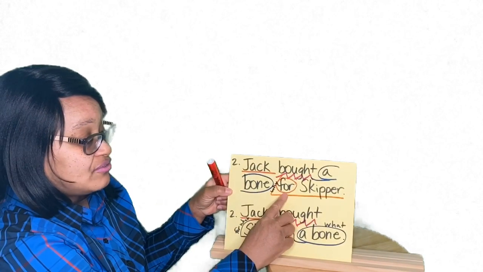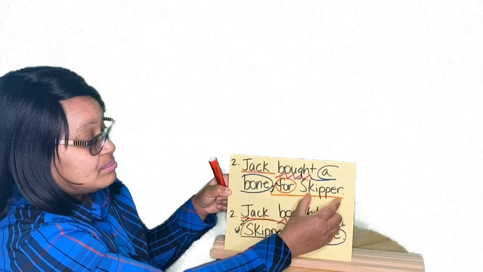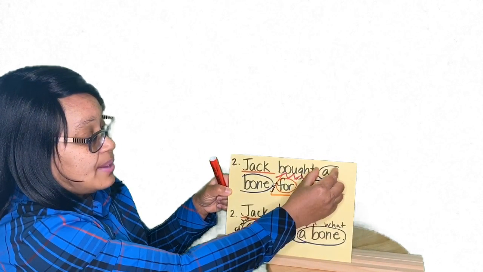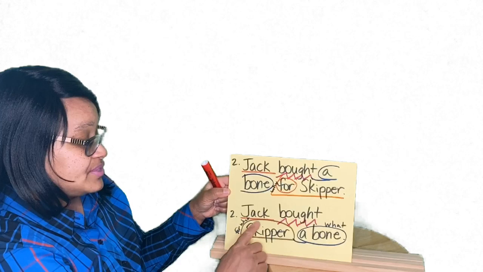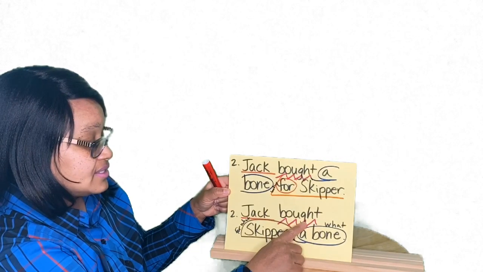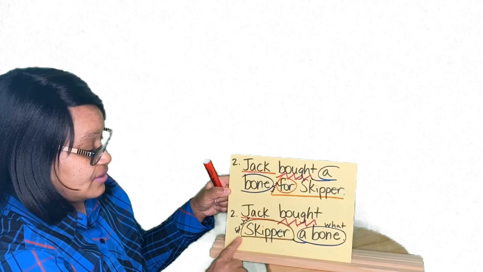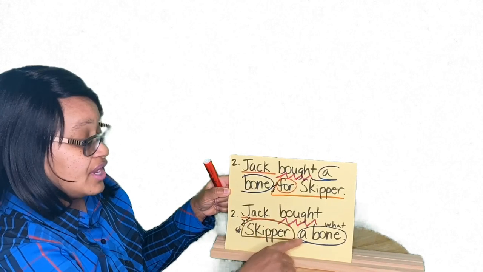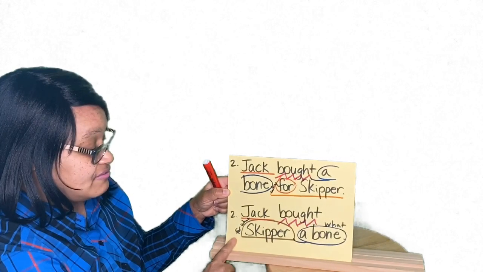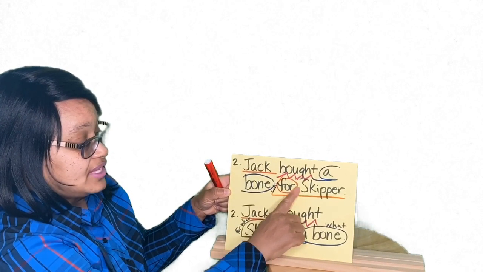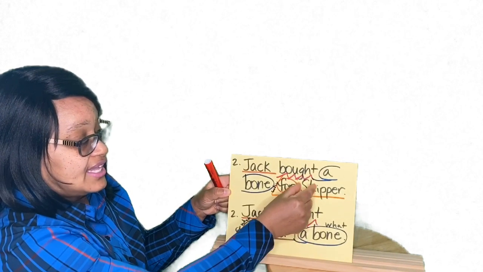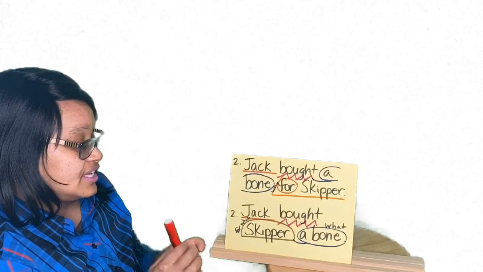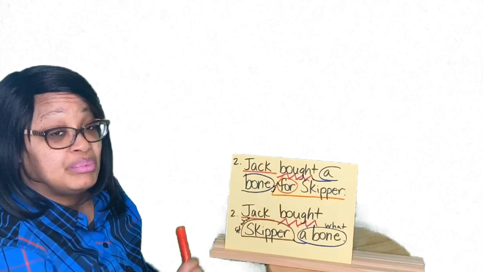We can eliminate for, and we can move Skipper up. So it becomes Jack bought Skipper a bone. So we don't have to say for anymore because we answered that question and made it an indirect object.